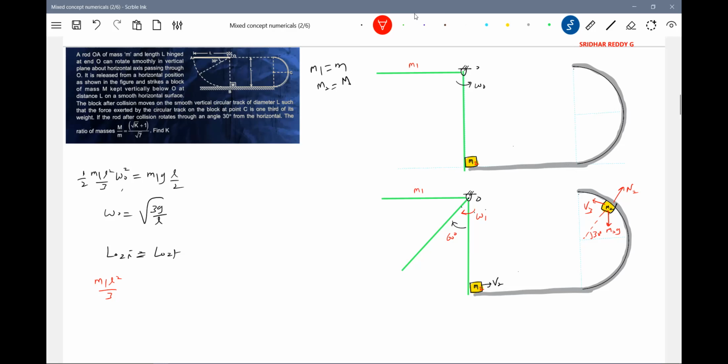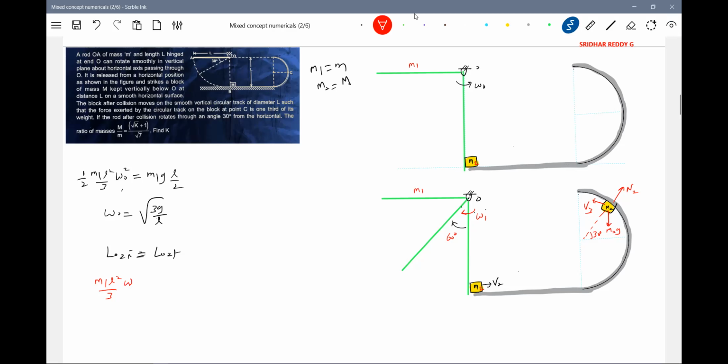Even in the diagram, he mentioned 30 degrees, sir. So the diagram is correct, but the explanation should have been rotates to an angle 60 degrees from the vertical. I think that will be more meaningful, because it will swing from here. Okay, let it be, I'll retain that one.